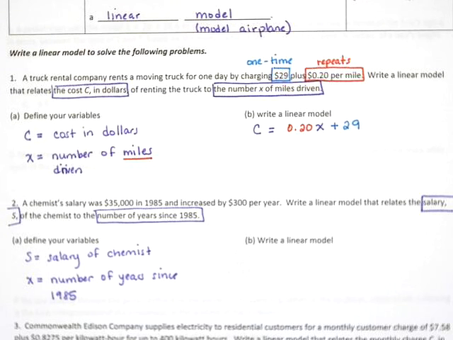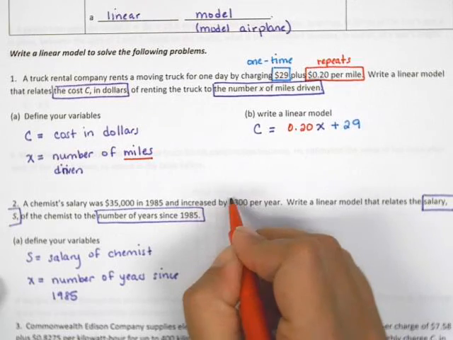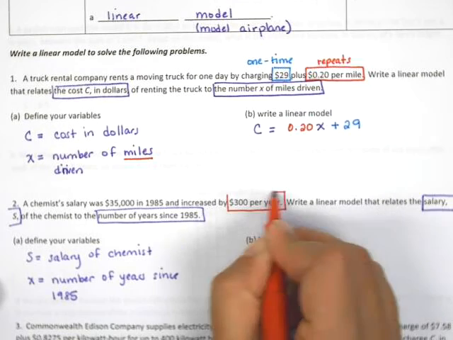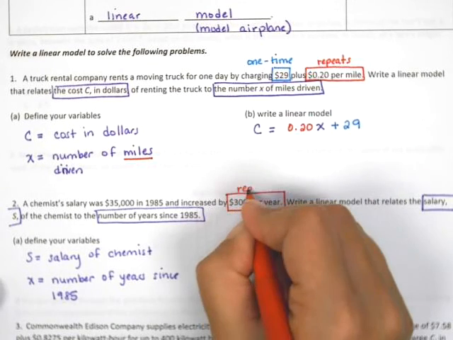Now we're going to write a linear model. So we're going to need two pieces of information, the number that repeats and the number that only occurred once. If I go back to the beginning of the problem, it tells me the chemist's salary was $35,000 in 1985 and increased by $300 per year. Because it says $300 per year, this is going to be the number that repeats.